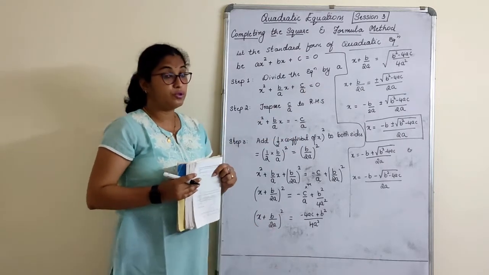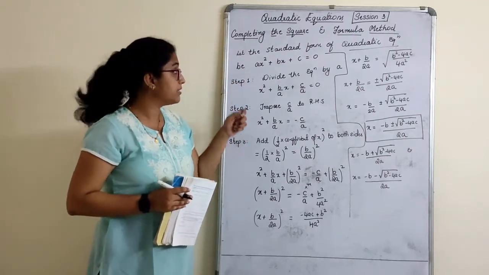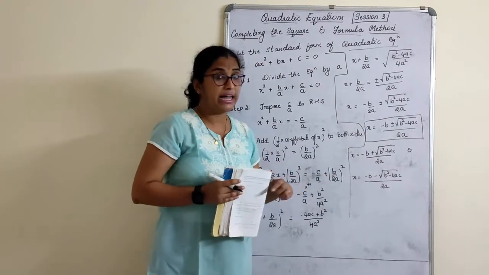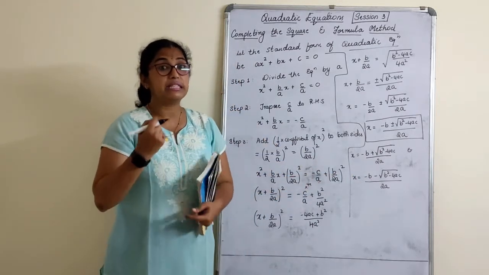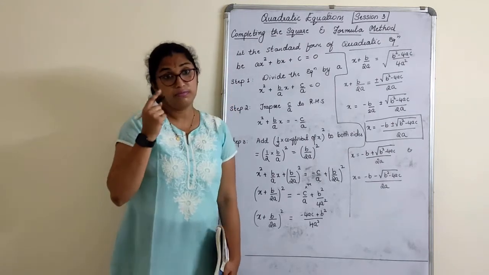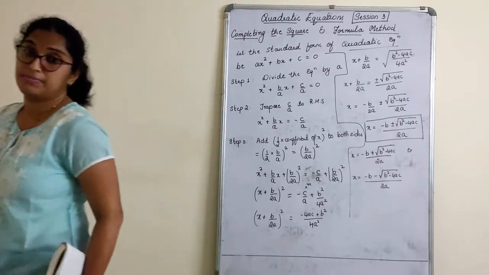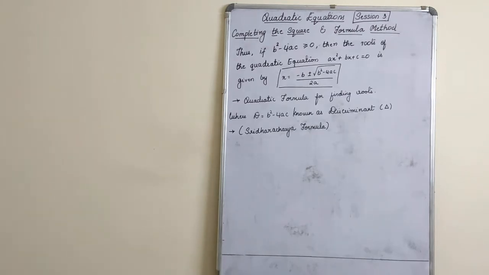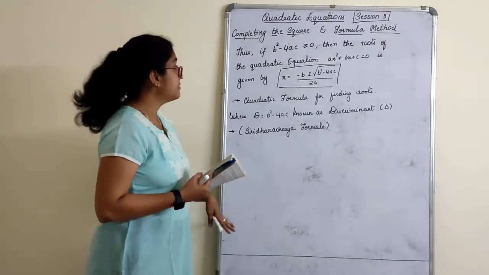So now what you have to do is give the heading as completing the square and formula method. Write down as it is, where you get two values of x. So after this we will give a conclusion. This is the quadratic formula method where the square root of b square minus 4ac is the discriminant.